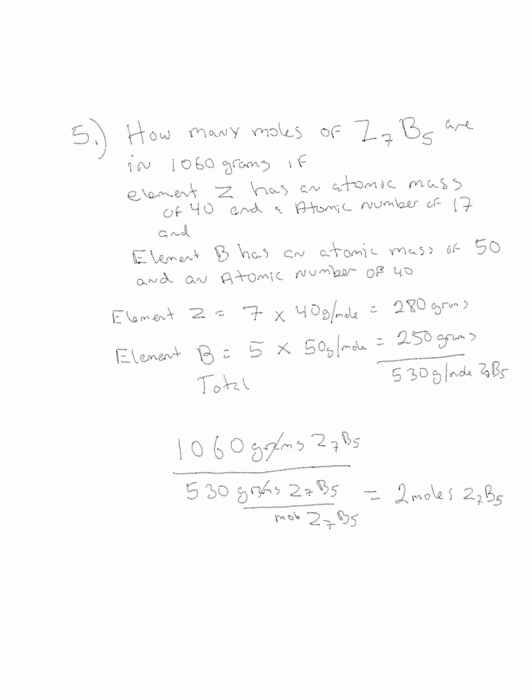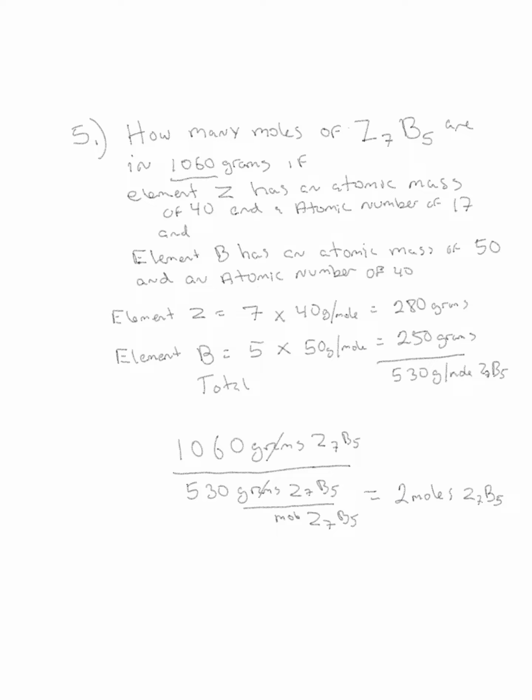Number 5. In this one, we're asking how many moles of Z7B5, so this is another fictitious compound, are in 1,060 grams. So what information do we need to know?